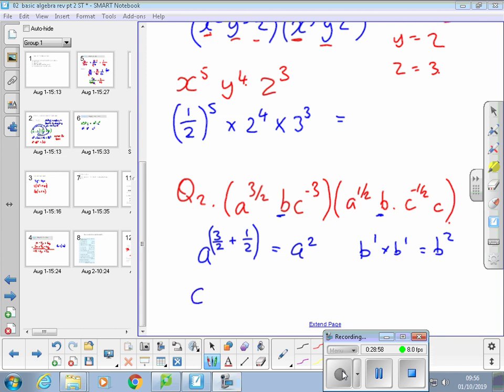We've got c to the minus 3 times c to the minus a half plus 1. What does that result in?